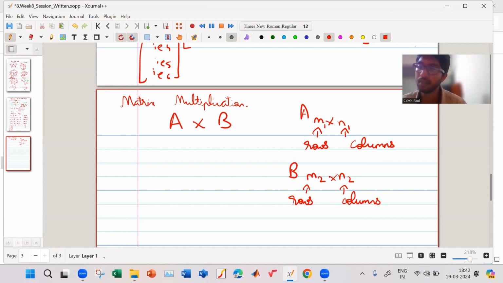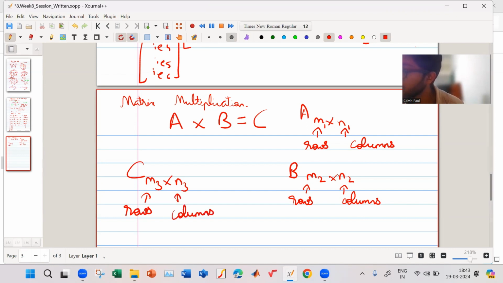Now, if I want to do matrix multiplication, what should be the relation between the rows and columns of matrix A and matrix B? A into B becomes some matrix C, which has dimensions M3 cross N3, the number of rows and columns of C. How do I get M3 and N3?